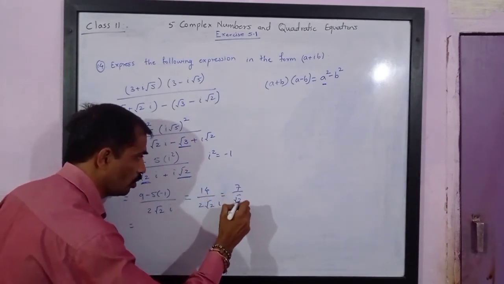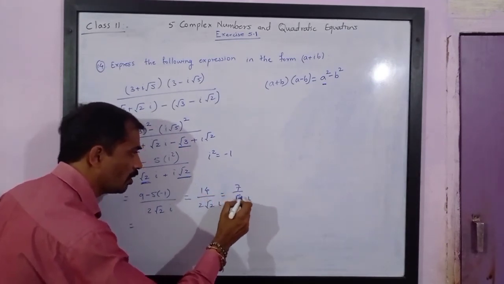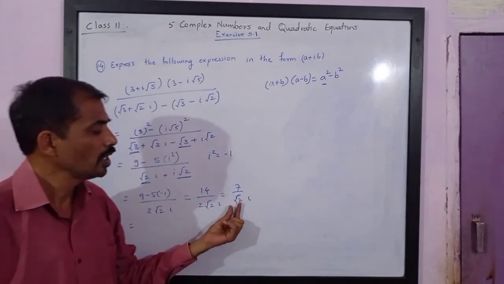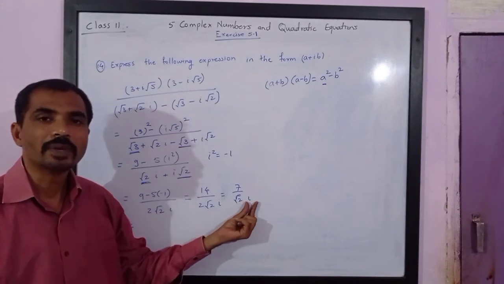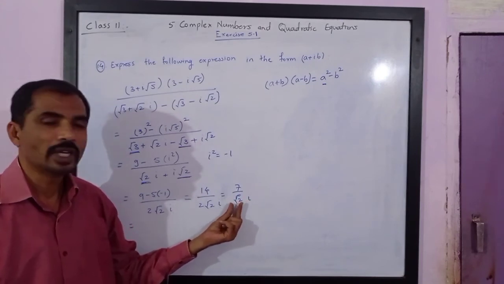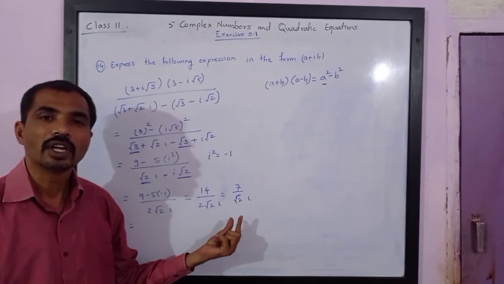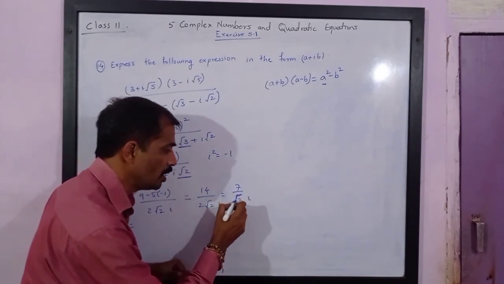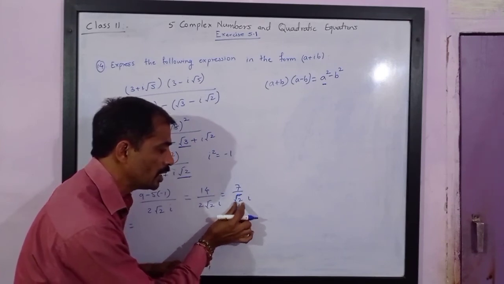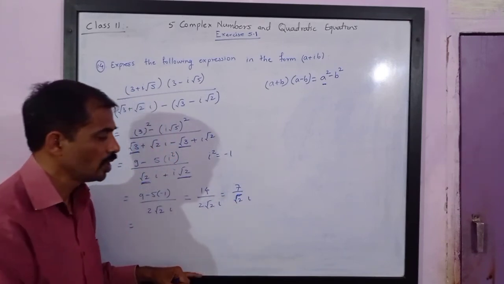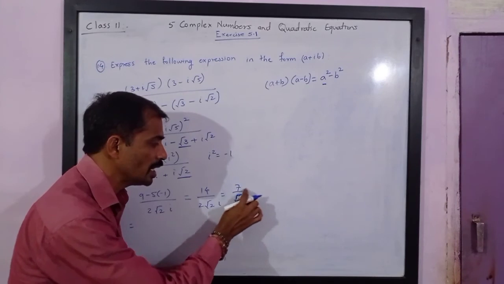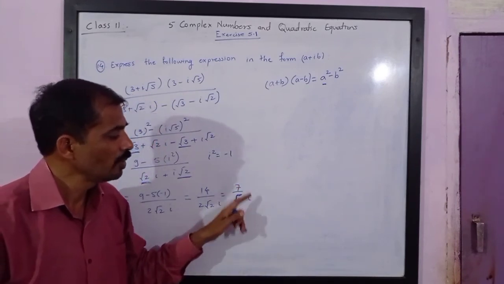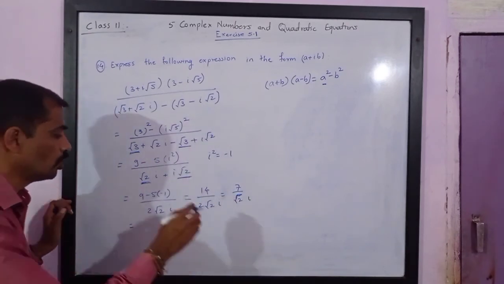upon root 2I. Now standard way of writing the answer in mathematics is we don't keep I imaginary number at the denominator, and we don't keep this irrational number also at the denominator. So we are going to rationalize the denominator by multiplying it by root 2, and we are going to remove the imaginary part by multiplying it by I. So multiply numerator and denominator both by root 2I.